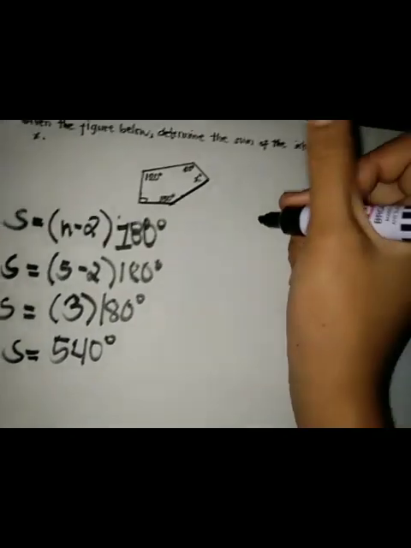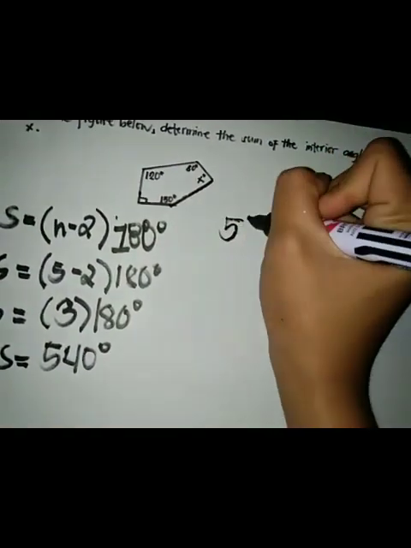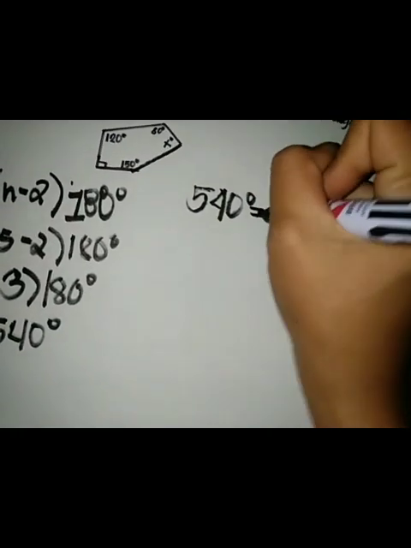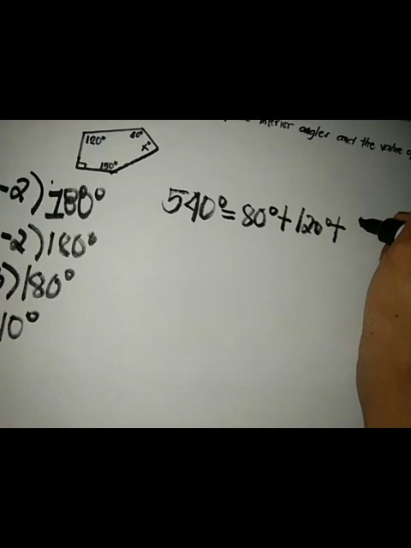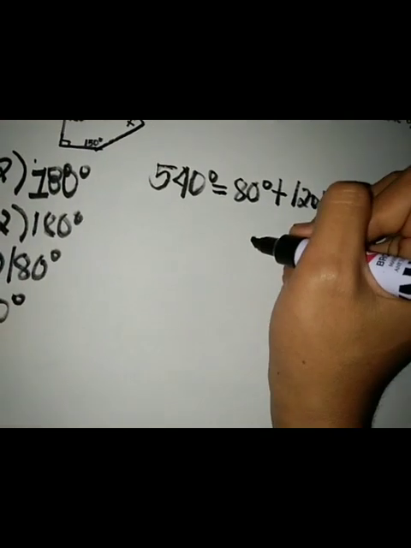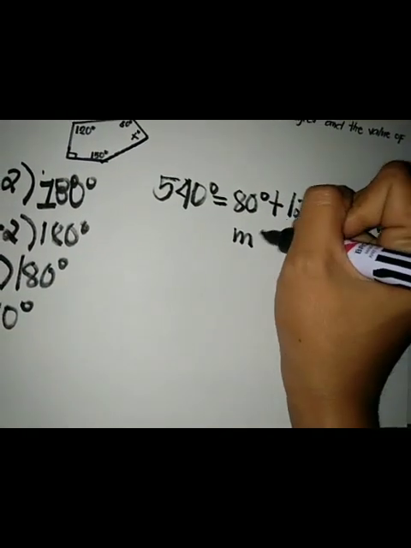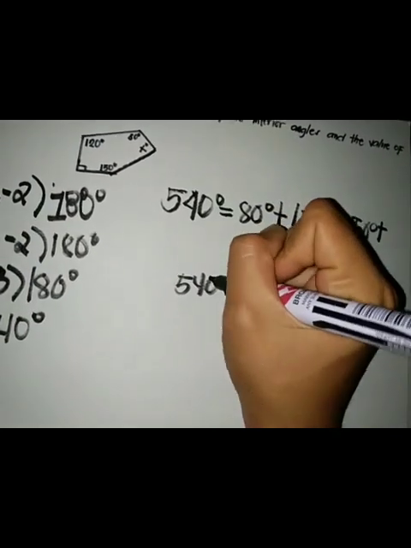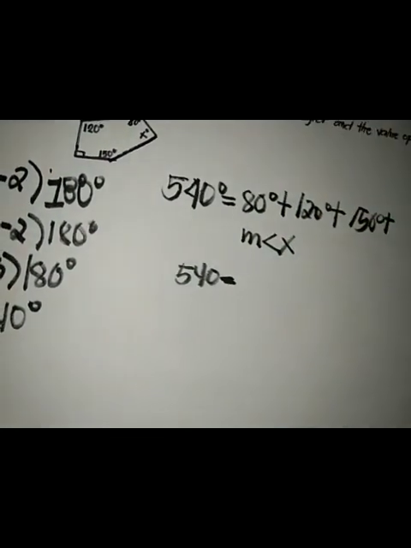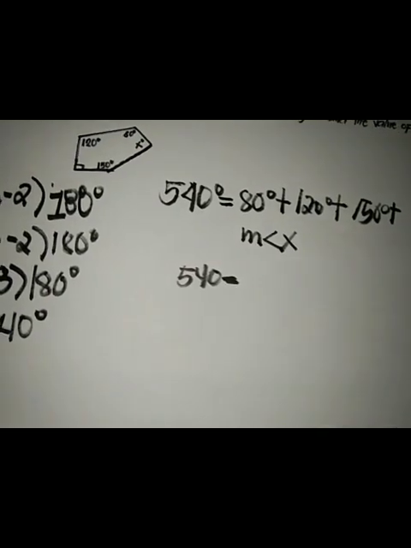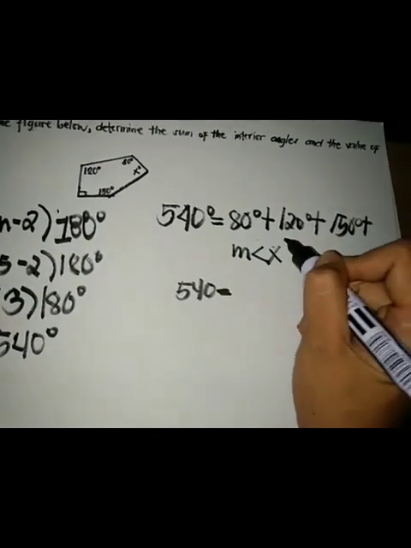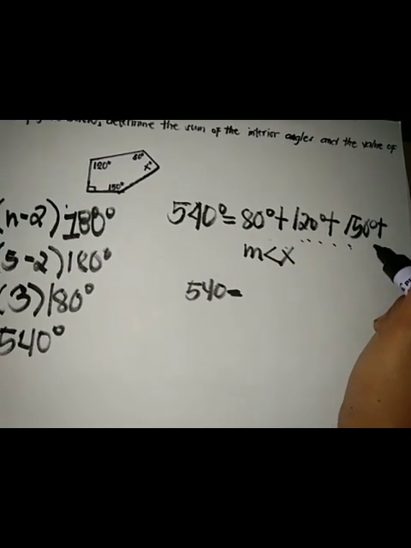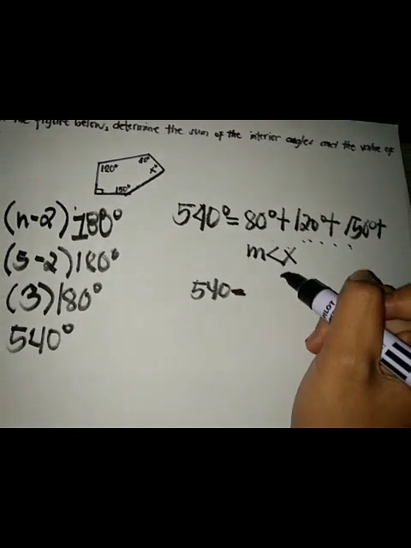So the solution is 540 degrees equals 80 degrees plus 120 degrees plus 150 degrees plus m angle x.